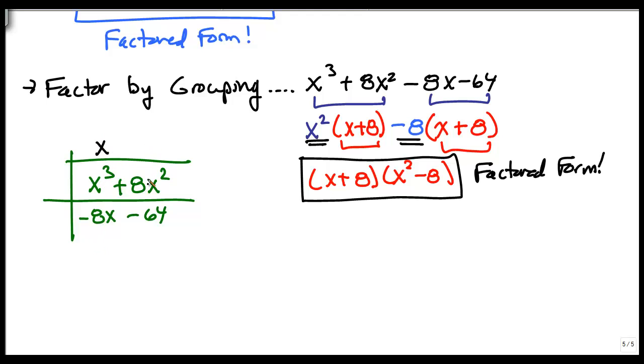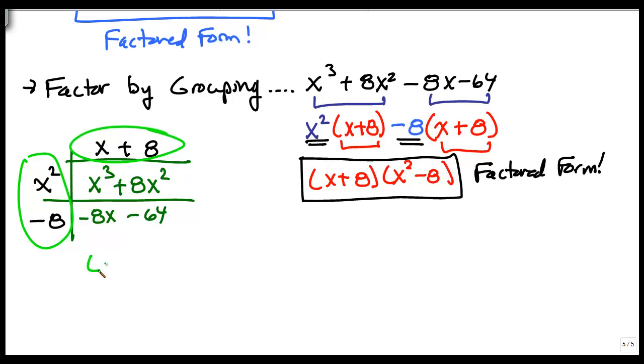In the second column, the GCF looks like to me it's a plus 8. In the first row, the GCF is an x squared. In the second row, the GCF is a negative 8. I don't have to worry about what's remaining, I just worry about the GCFs. So I can see I have an x plus 8 and an x squared minus 8, which matches my factored form perfectly.